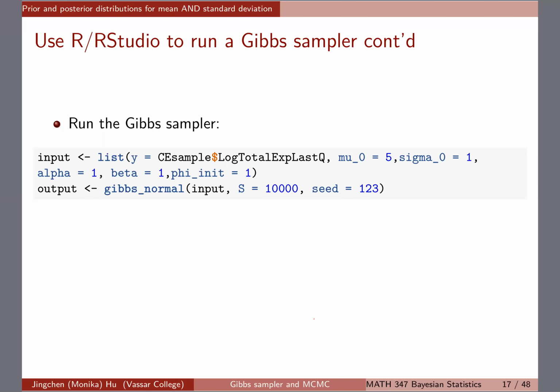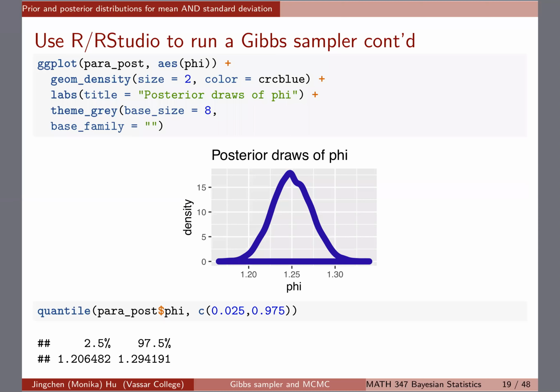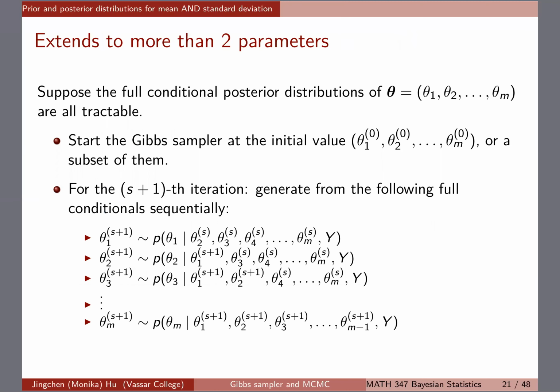For the last minute of class today, I want to show you how to extend this to more than 2 parameters. What we're doing right now is 2 parameters, mu and phi, but sometimes the model contains more than 2. First of all, you have to derive each of the full conditional posterior distributions. Here I'm using theta 1, theta 2, up to theta m to represent the m different parameters in the model.